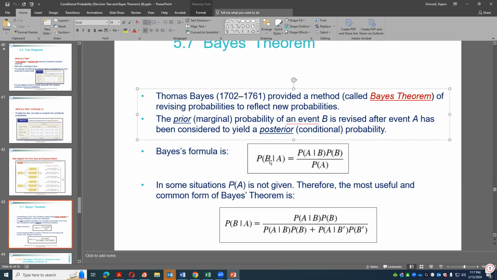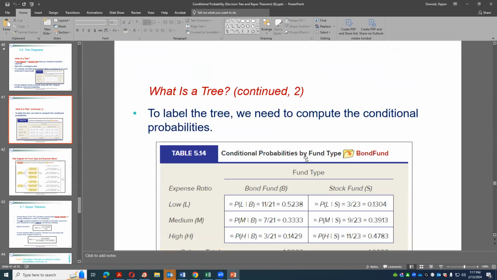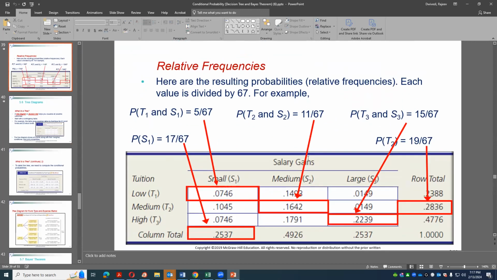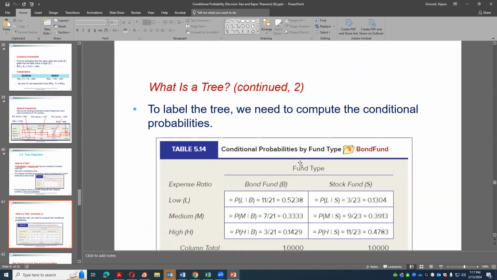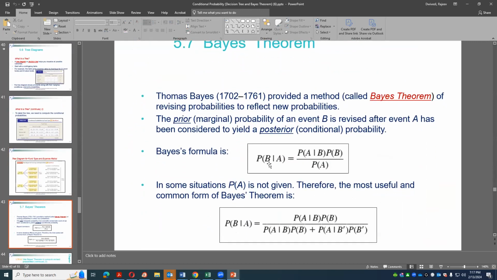Bayes formula is this. Basically it is nothing but the same formula, playing with the same formula, replacing the values, replacing the other things. So probability of B condition A equals probability of B and A divided by probability of A. So probability of A remains the same, and this part has been replaced.